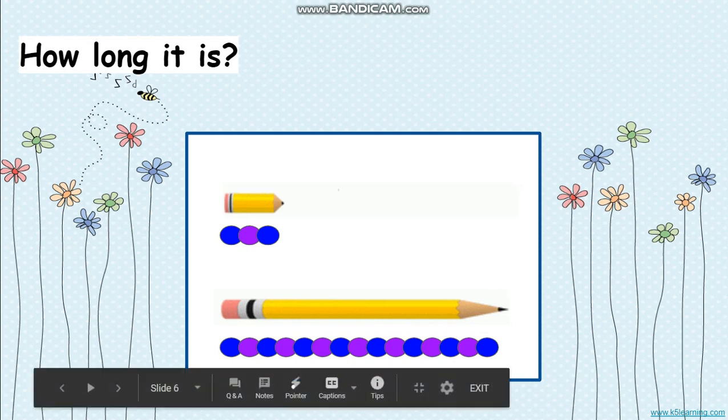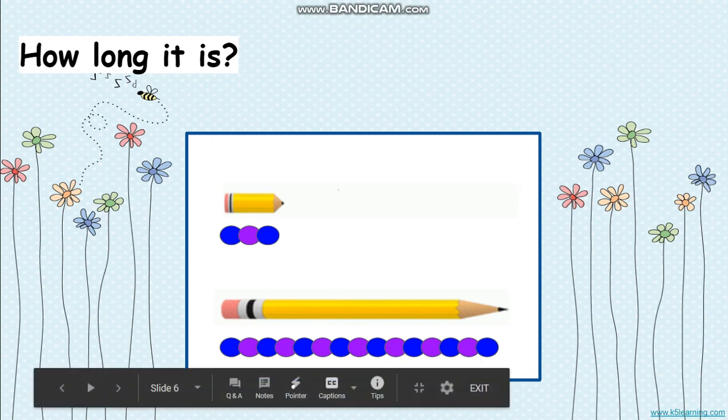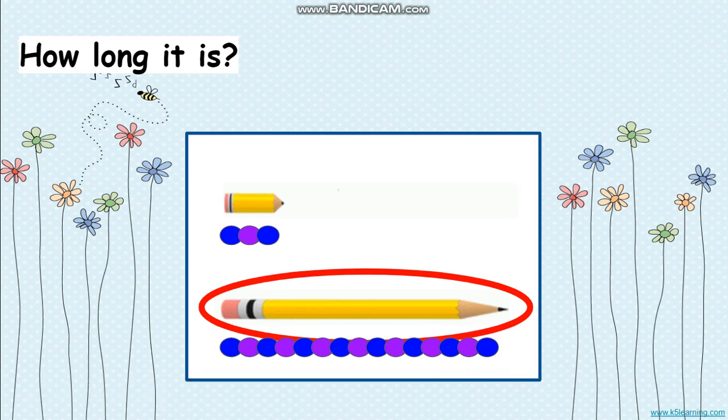We will count 1, 2, 3, 4, 5, 6, 7, 8, 9, 10, 11, 12, 13, 14, 15. So the bottom pencil is 15 beads long. So 3 and 15. Of course, 15 is bigger, so the bottom one is longer. Okay? That's how we usually solve how long something is.